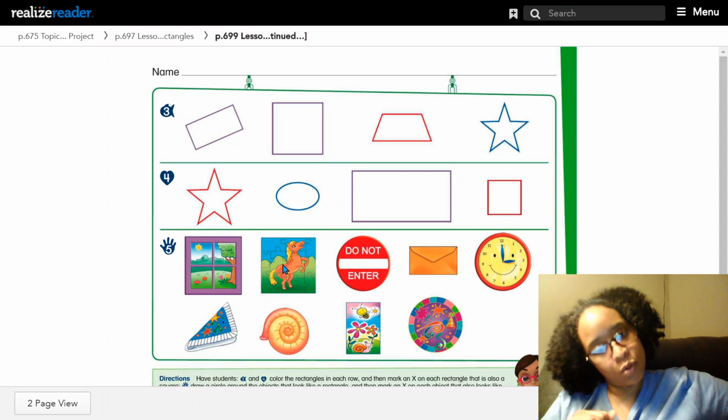Nope. How about this one? Yes, this one is the triangle. We have 3 sides. 1, 2, 3. And 3 vertices or 3 corners or 3 angles. 1, 2, 3. That was so easy because we are so smart with our shapes.